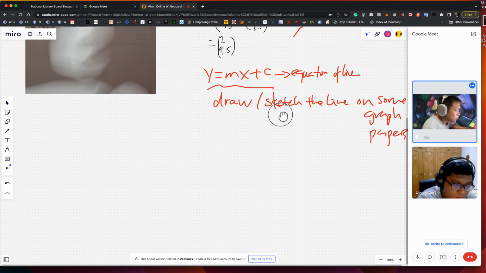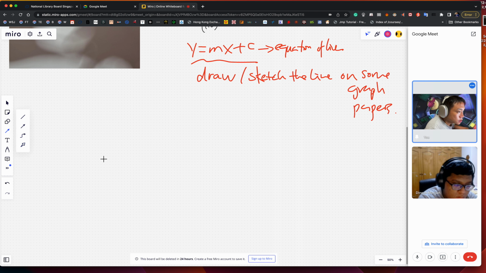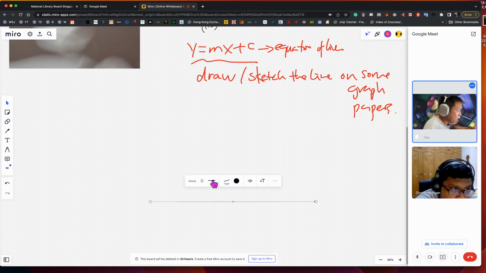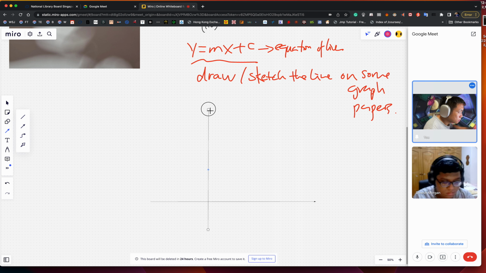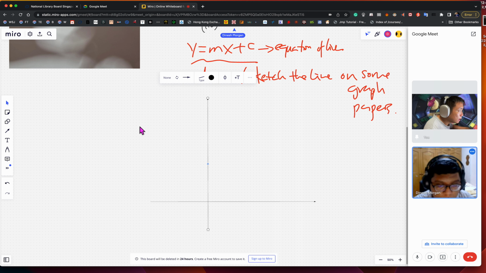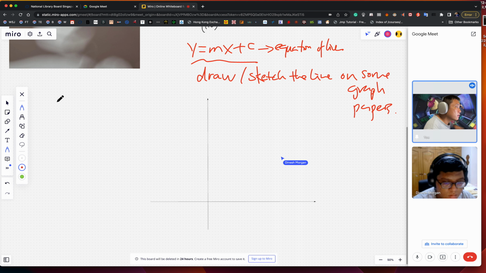This is a very good tool for us to get the x and y axis out. So let's start with 3a plus 2b.